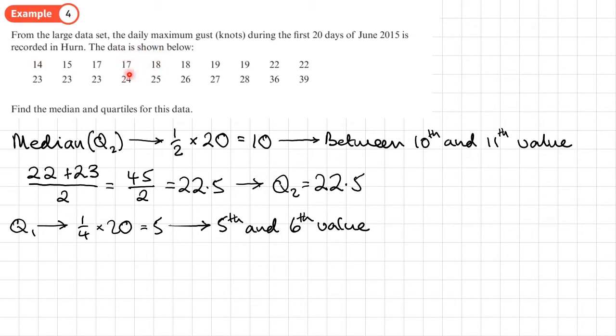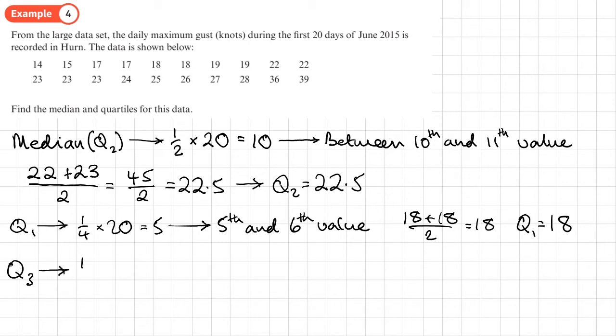So it's between 1, 2, 3, 4, 5, 6. So between 5 and 6 is between the 18 and the 18. So that's just 18, isn't it? I suppose I could do 18 plus 18 divided by 2, which is 18. So Q1 is 18.